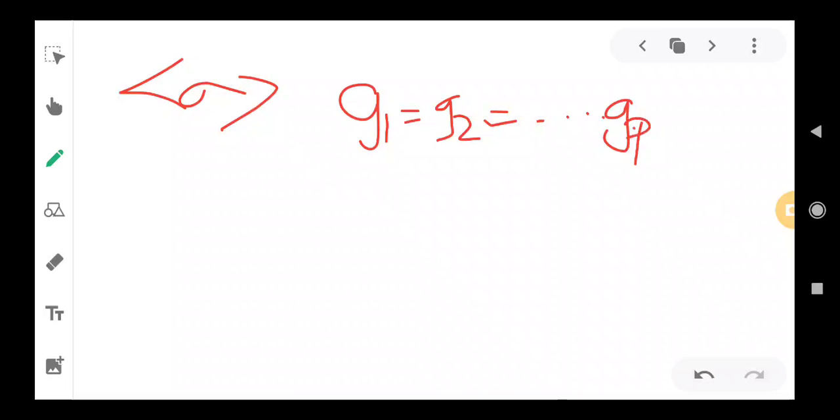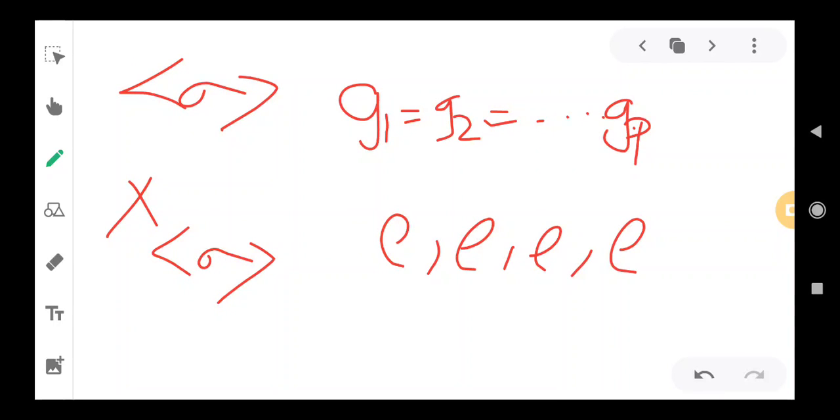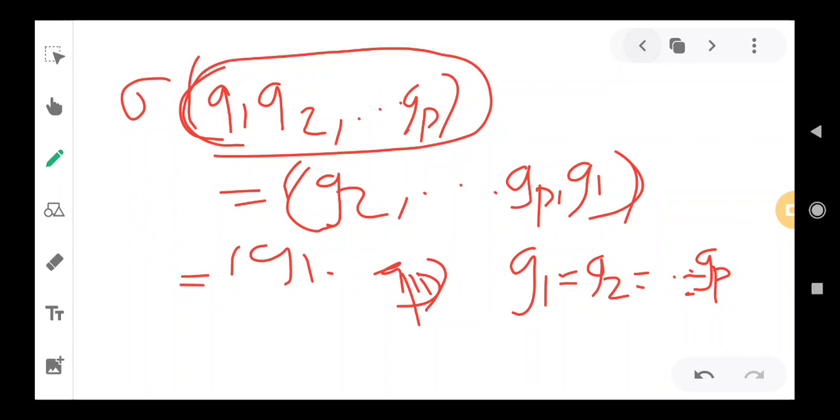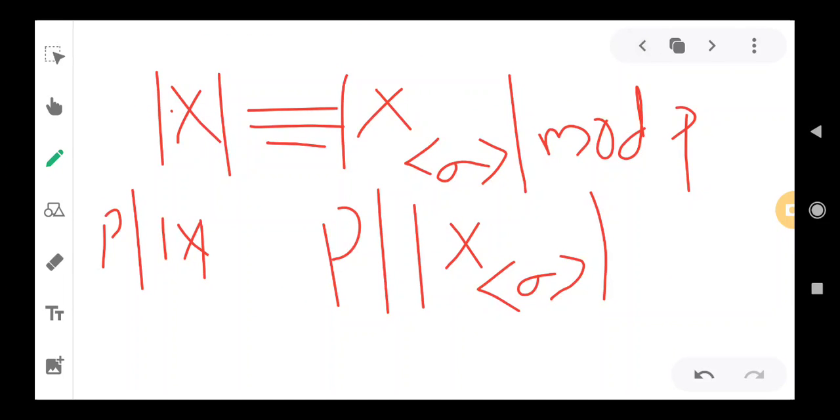So X_<sigma> must contain at least one element, the identity element e, because all its entries are the same. We have already said that p divides the cardinality of X_<sigma>.